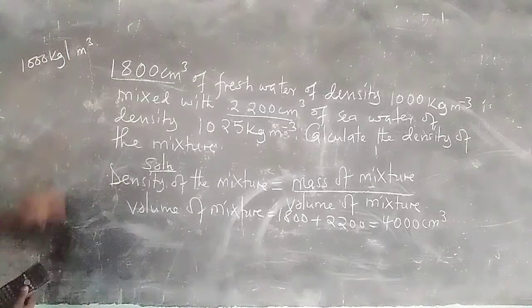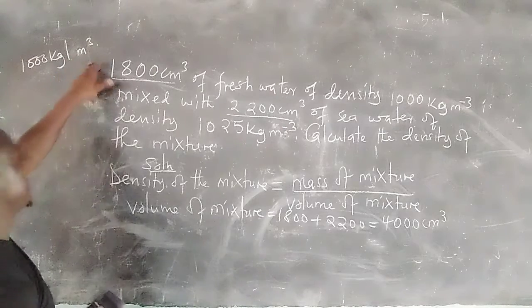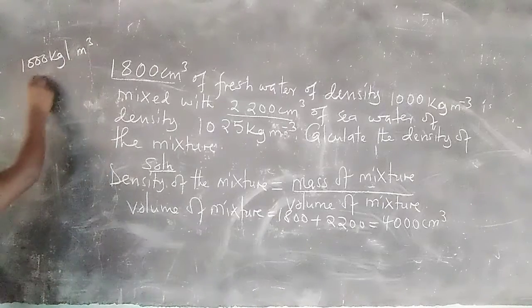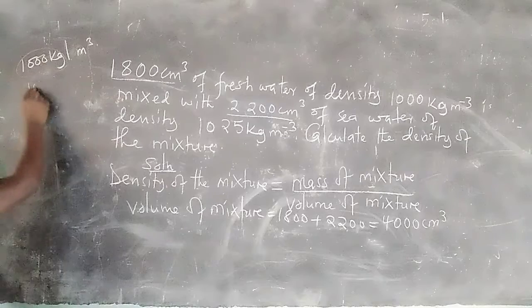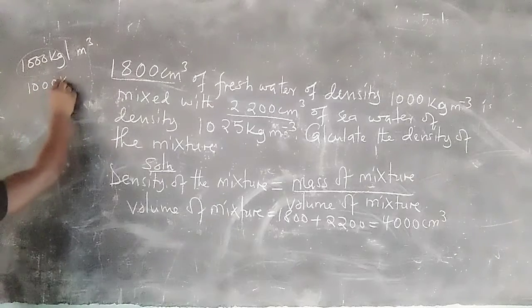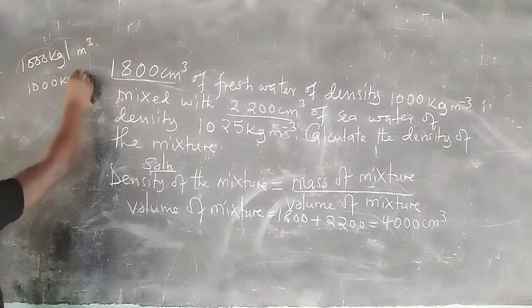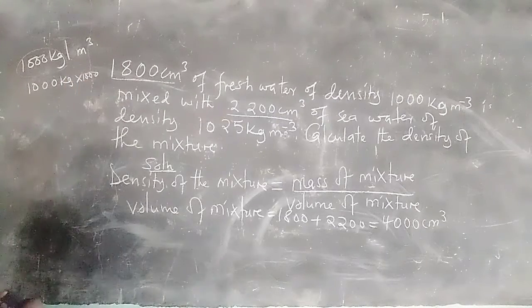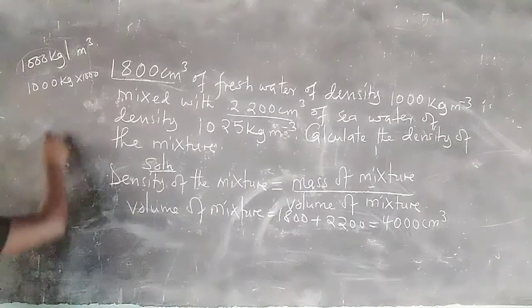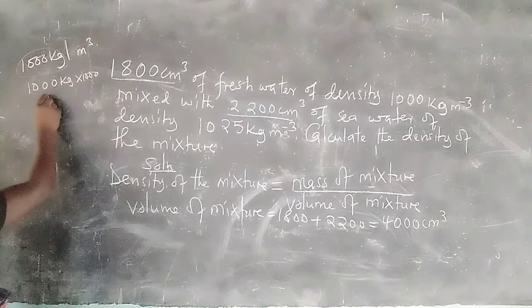Then how many grams are there in a cubic centimeter? So we can change this into grams by taking 1,000 kilograms and multiplying by 1,000.